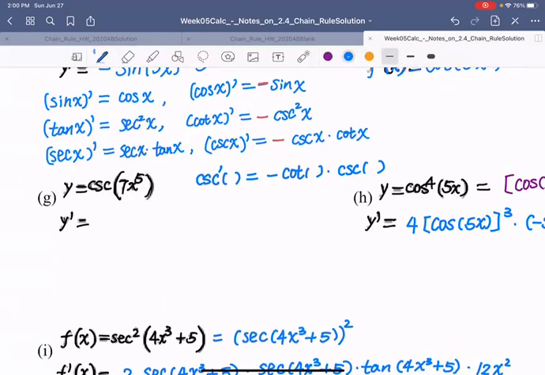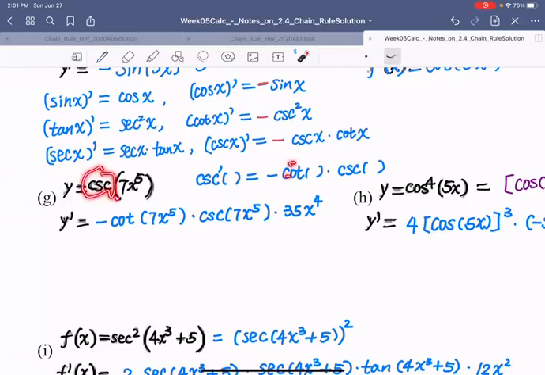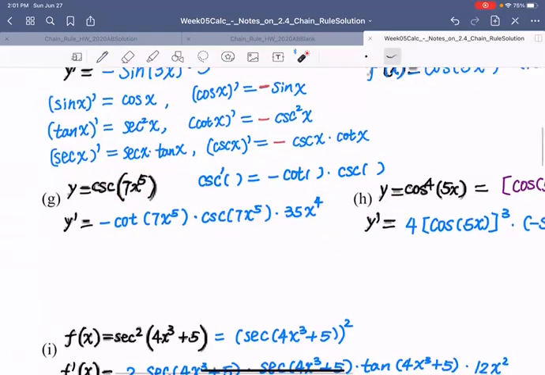We put 7x, copy down, and then times cotangent, copy down, and times 35x to the power 4, right? Yeah, that's it. We do this guy, negative cotangent times cosecant, and then this guy's derivative will be 35x to the power 4. Okay, that's it. We stop over here.